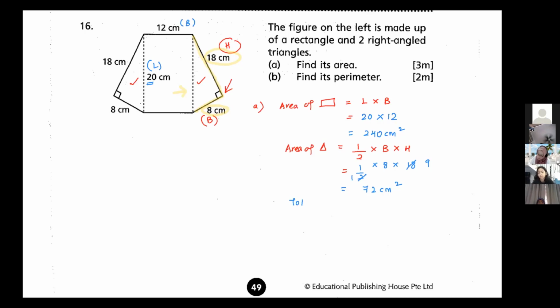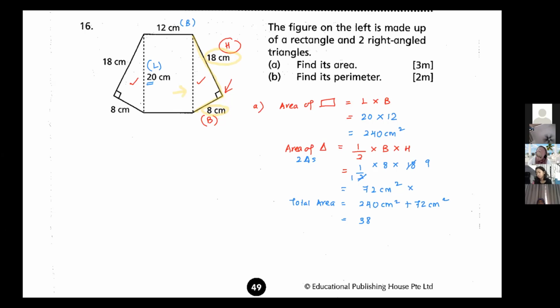So total area equals 240 cm squared plus 72 cm squared equals... sorry, forget, you need to times 2 here because there are two triangles. There are two triangles, right?